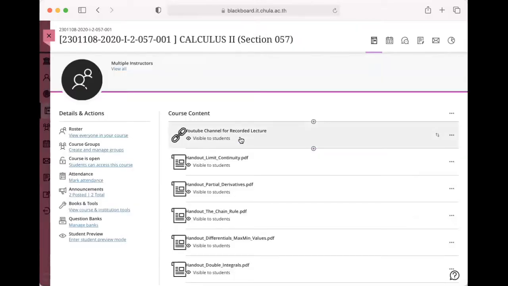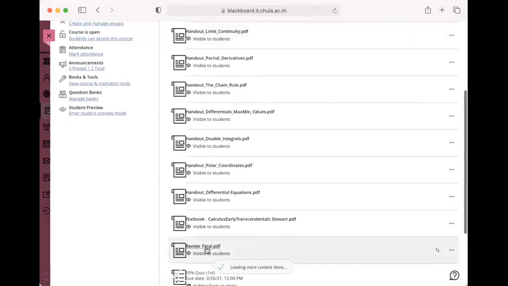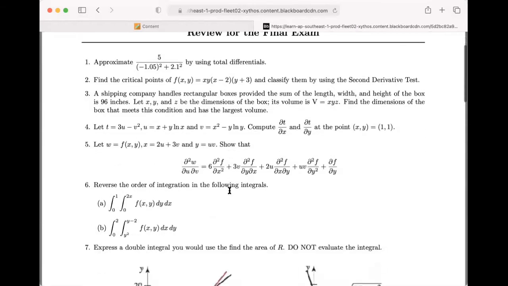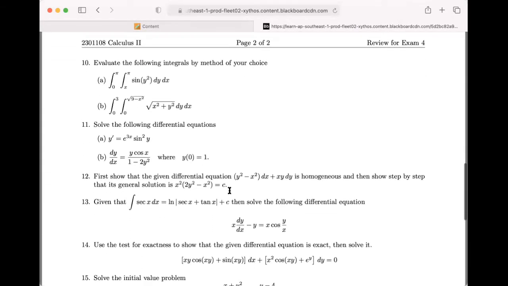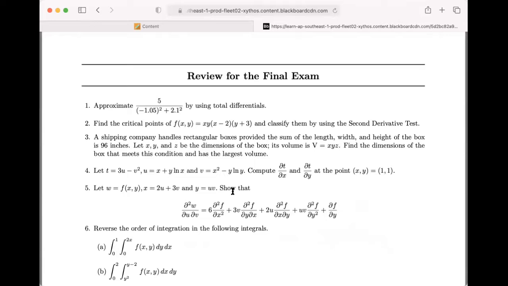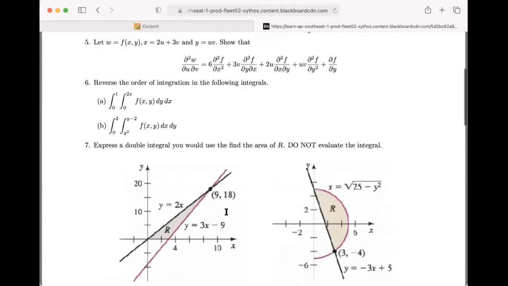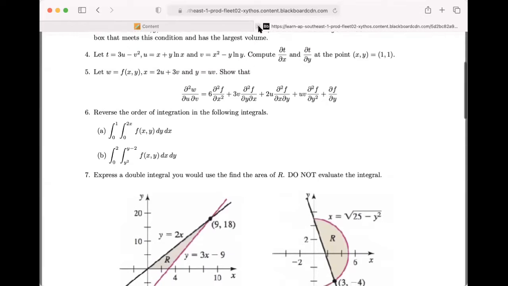All right, so once you log into Blackboard, another thing that you will see is the review final packet here. You can click on it and you're gonna see 15 questions that I selected to go over together in class. This is good practice because some questions are good ones to review some concepts.